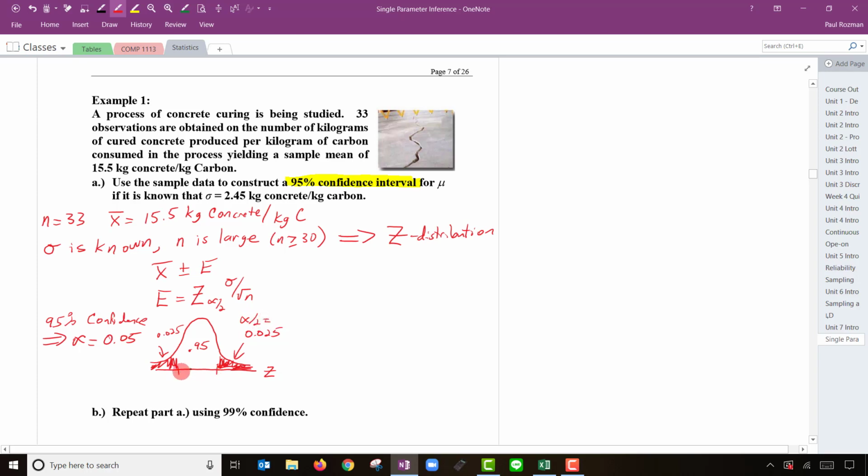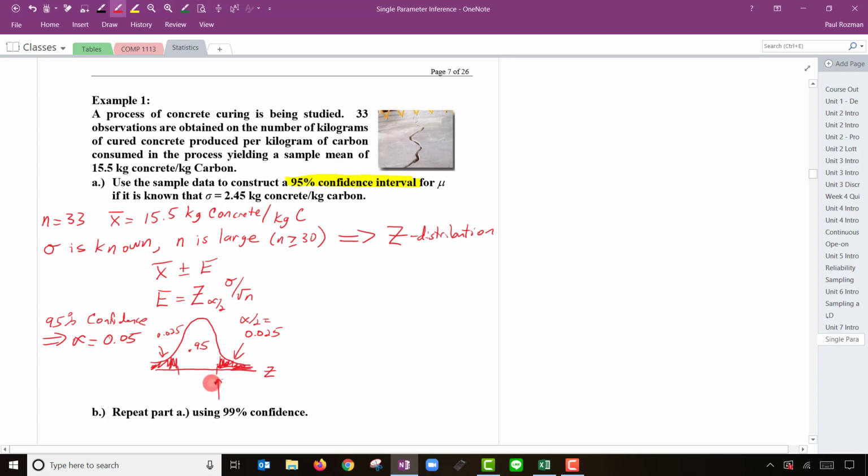And now we need to figure out these spots on the z-axis. Remember the z table goes to the left, so I really have to look up 0.975, right? The 95 is just in the middle, so I have to add the 0.025 in the lower tail in order to get to this spot here.